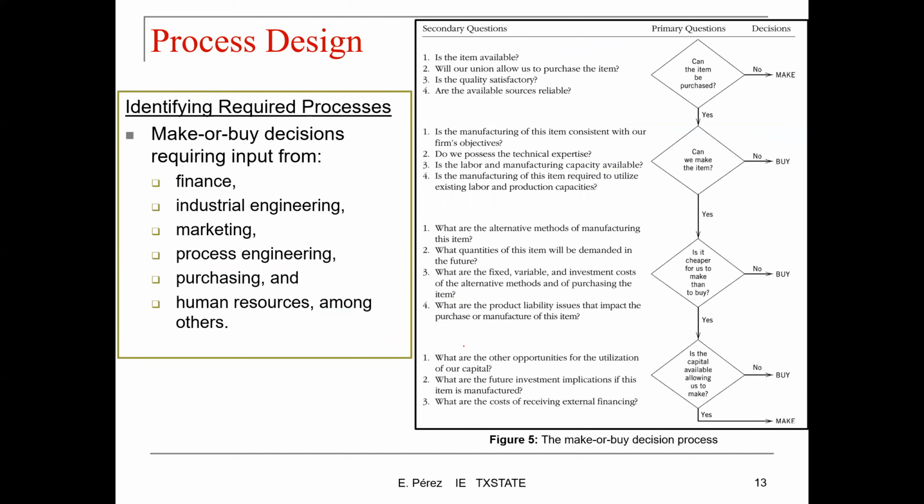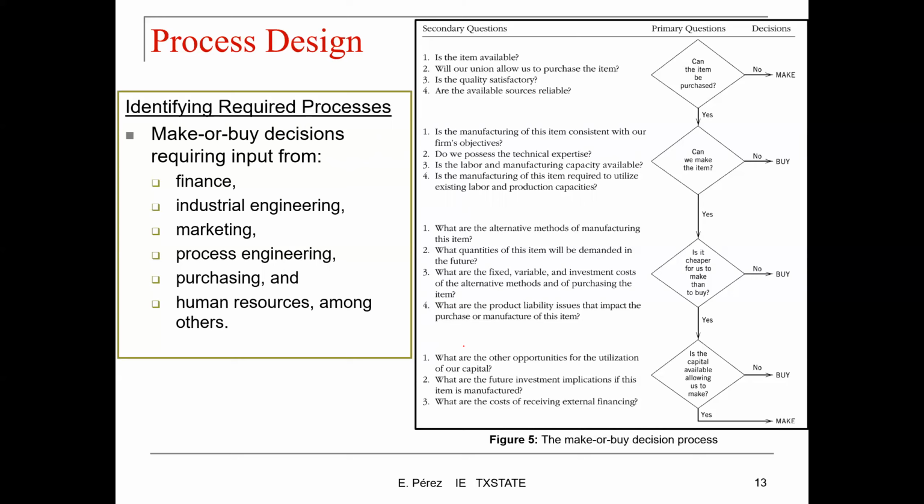So process design means identifying required processes. As I mentioned earlier, you have the option as a manager or facilities planner to identify whether you want to buy or make in-house. Those decisions require input from finance, industrial engineering, marketing, process engineering, purchasing, human resources, among others.